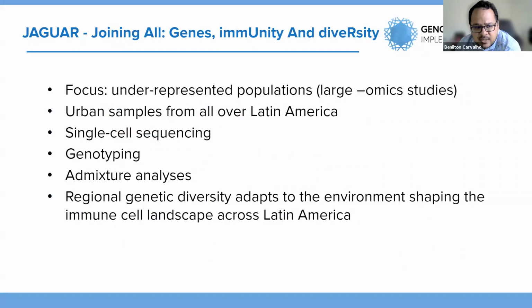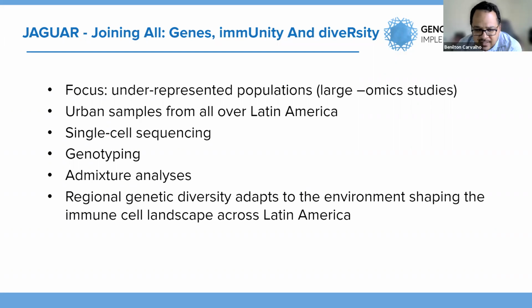Now, for the Jaguar project, what we are looking at is sequencing immune cell diversity across Latin America. The samples that we're going to be using there are from populations underrepresented in large genomic studies, and they will be collected all over Latin America: Mexico, Peru, Colombia, Chile, Argentina, Brazil.